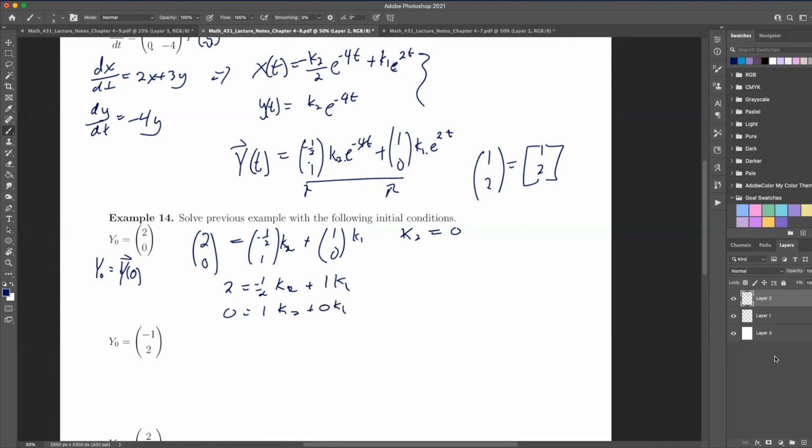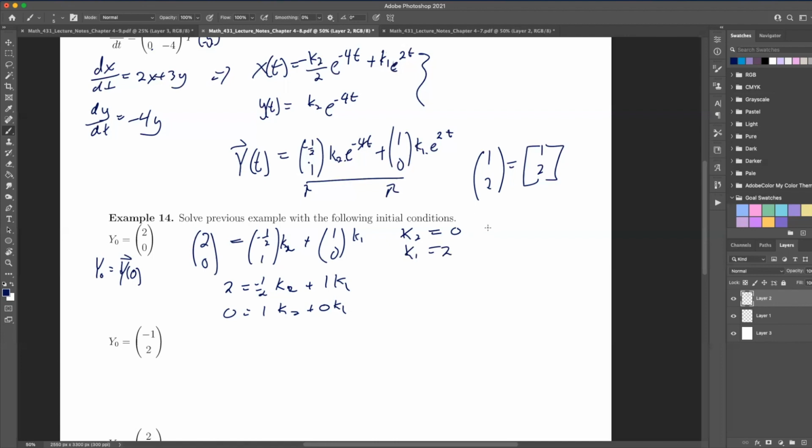That's what this means, right? This and this are the same. So k2 is 0. That means k1 is 2. Oops, k1 is equal to 2. And so we have our solution here.